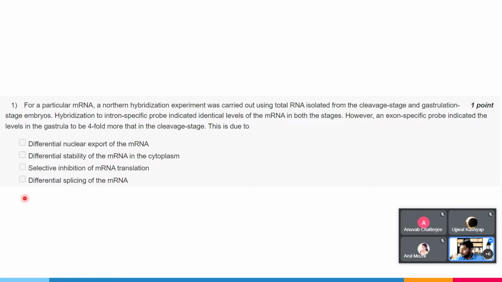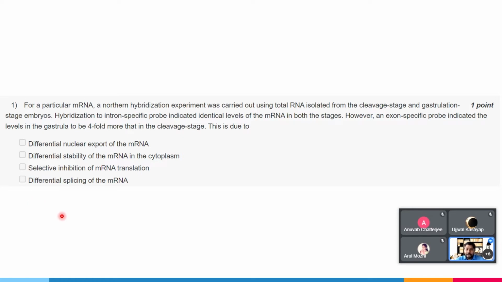Okay, so let us move on and try to answer the question. First, let us find out what exactly a northern hybridization experiment is. Northern hybridization is an experimental technique used to detect the presence of a specific mRNA, or rather a specific mRNA against which you have a probe. So you know the sequence of the mRNA that you are trying to search for, and using a northern hybridization experiment, you will be able to detect the presence of the probe.